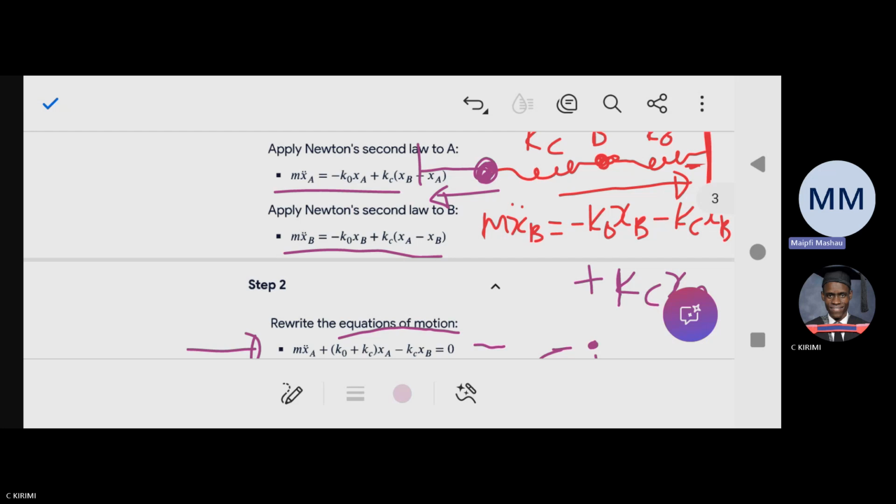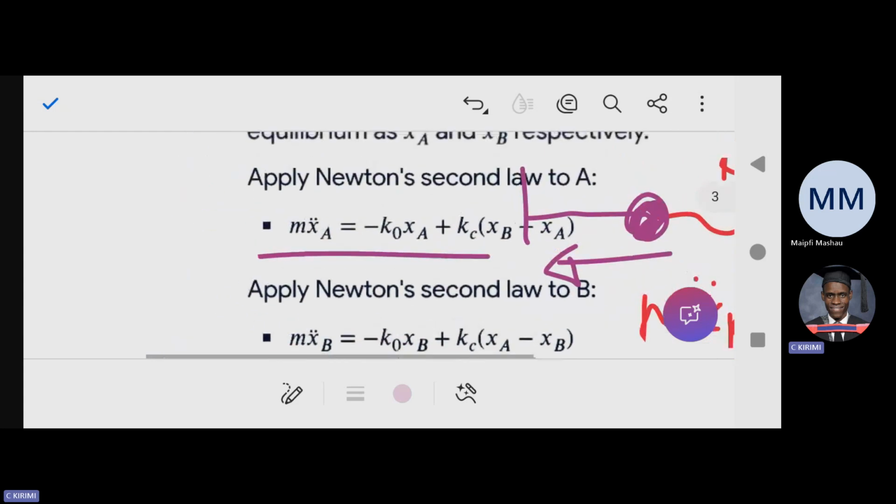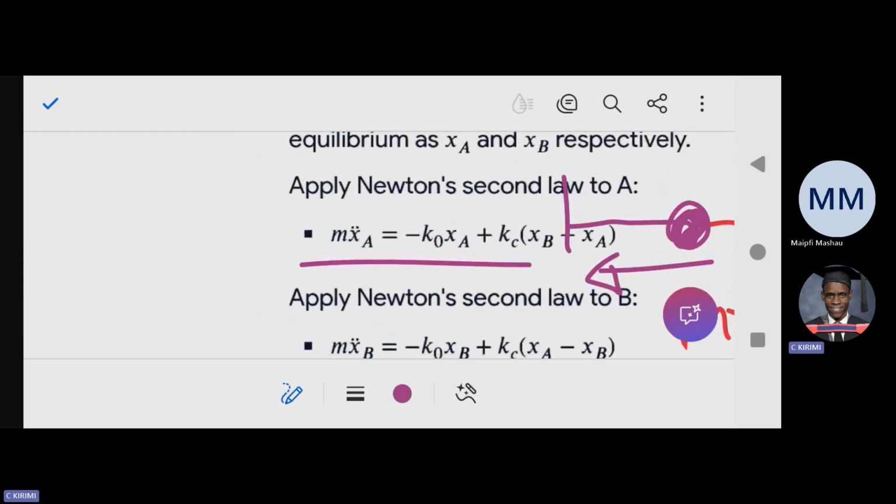Because it was positive before, and when you equate everything to 0, it's still positive. Which one? The mass times acceleration? Yes. Why must it be positive? Force can never be negative, no? It can. Yes, force can be negative, depending on the direction.